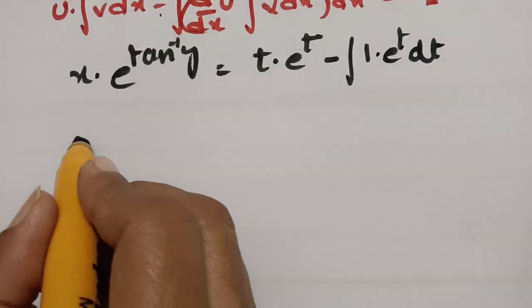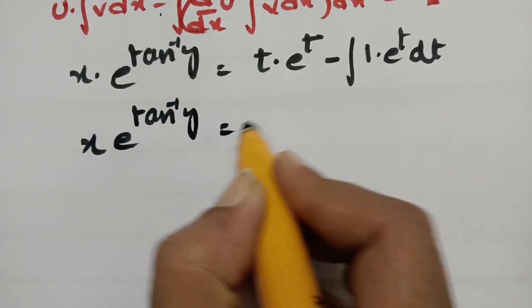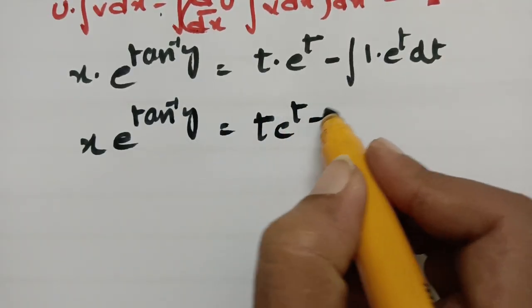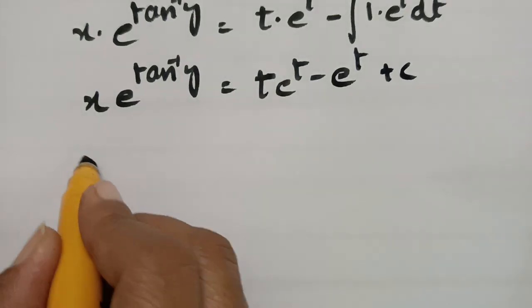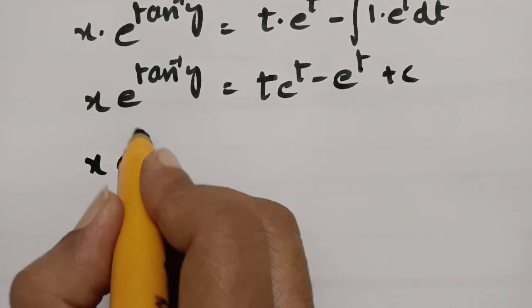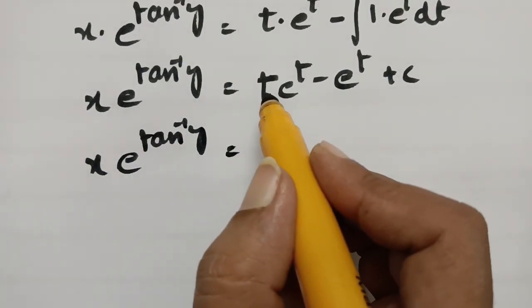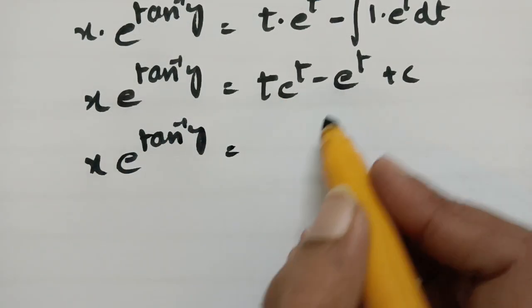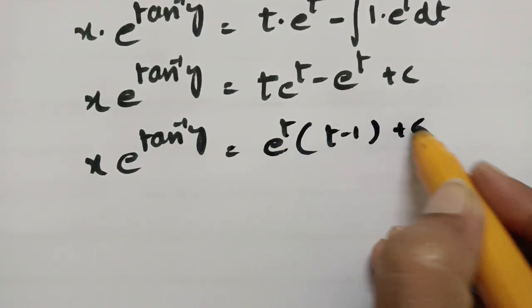And now see here, this is going to become x into e power, this value is tan inverse of y, this is t into e power t, integral e power t is nothing but e power t plus c. So this is going to be x times e power tan inverse of y, and what is t here? If I take e power t common, this is t minus 1 plus c.